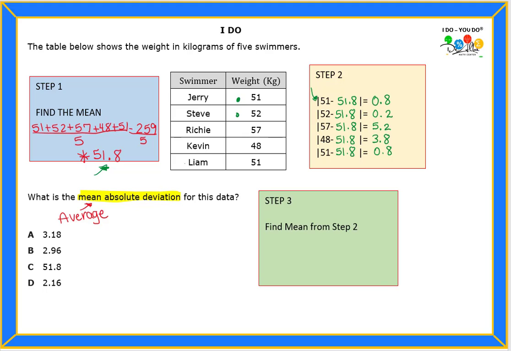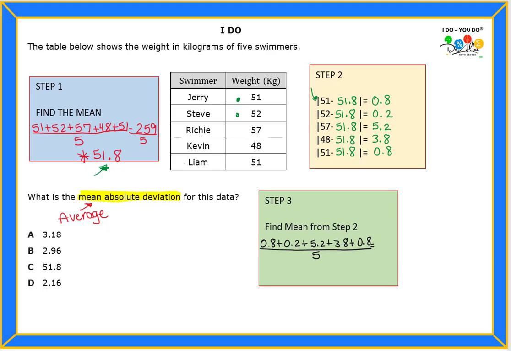Let's start with the first one, 0.8, and I'm going to add all of them. Don't skip any of the numbers, guys, and even if the last one seems like you are repeating it, write it down. Then you're going to divide this by 5 because there are 5 numbers in your data. So go ahead and add them up.